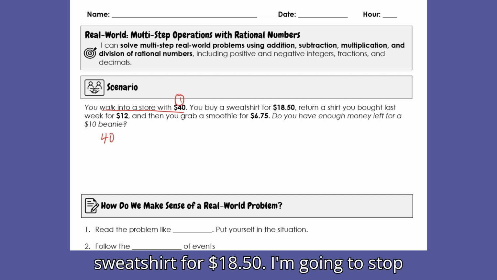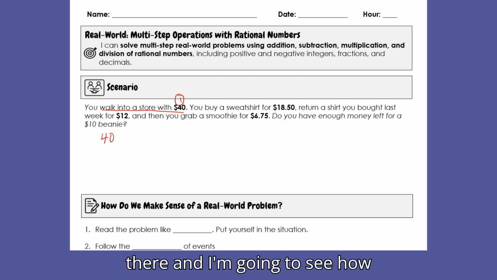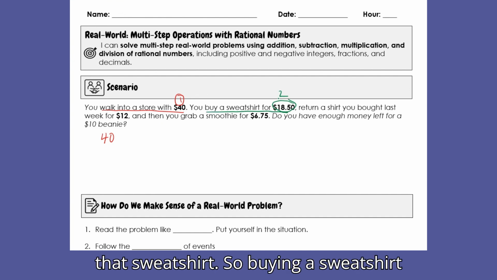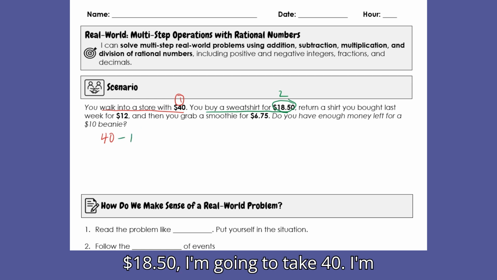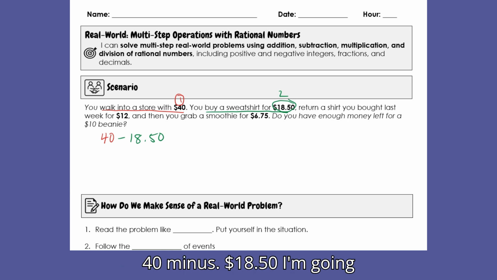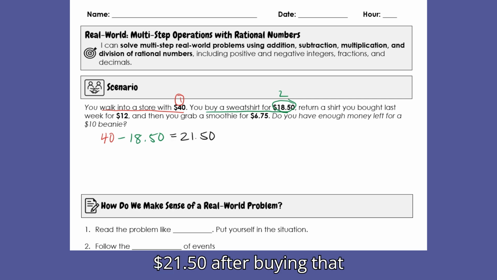So I'm going to stop there and see how much money I have after buying that sweatshirt. I'm going to take 40 and subtract $18.50. So I do 40 minus $18.50. I'm going to be left with $21.50 after buying that sweatshirt.